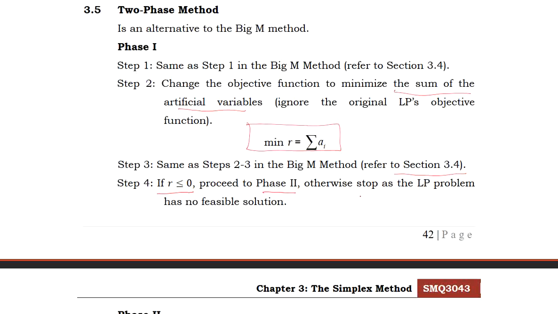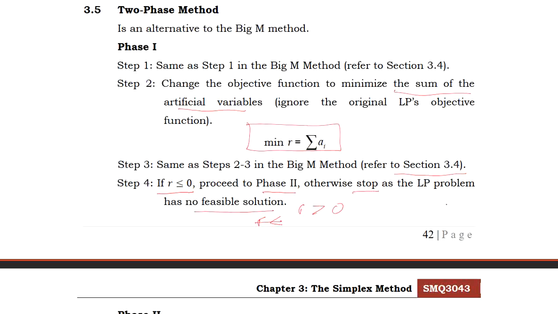Otherwise, stop, as the LP problem has no feasible solution for the case where R is greater than 0. Then we need to stop because the problem has no feasible solution.